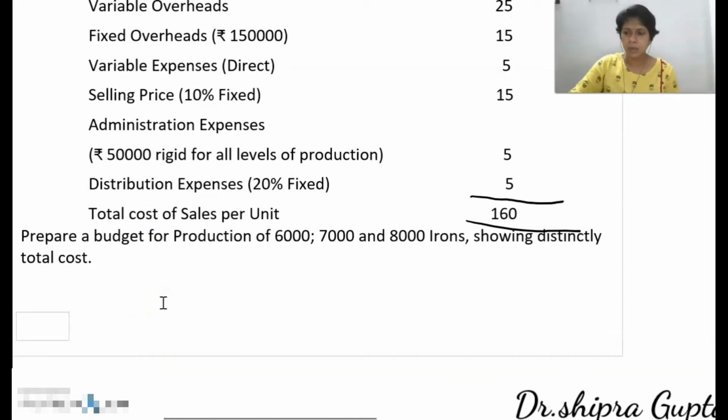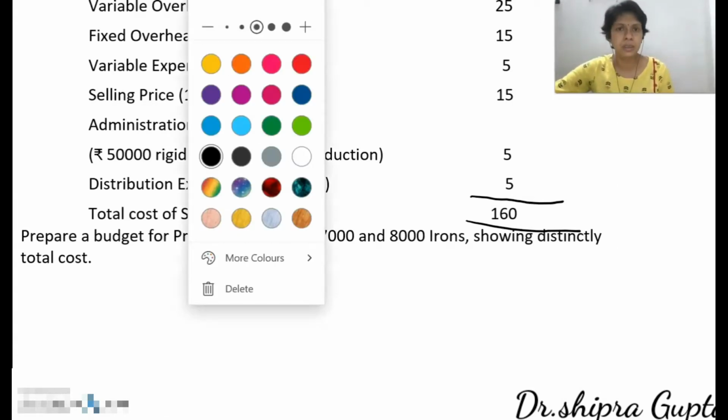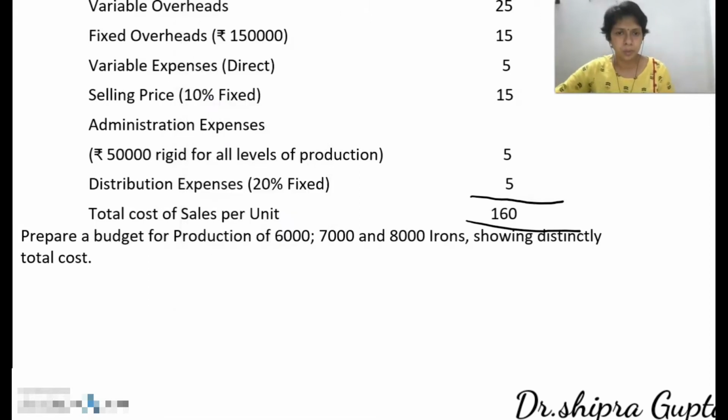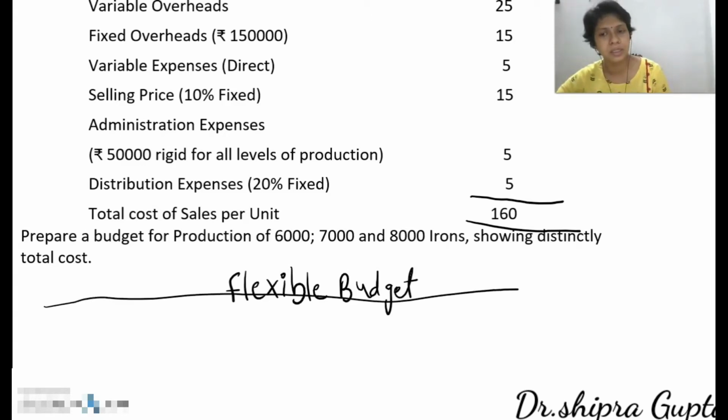So first, we will write the title of this question: flexible budget. Now we have 6,000, 7,000, 8,000 and 10,000 irons, so we have 4 columns and 1 column for particulars.